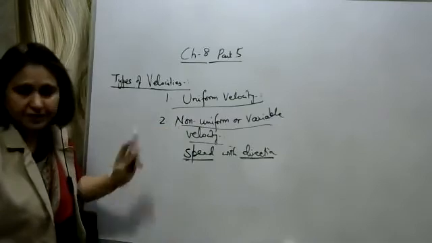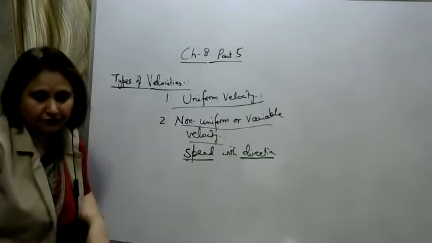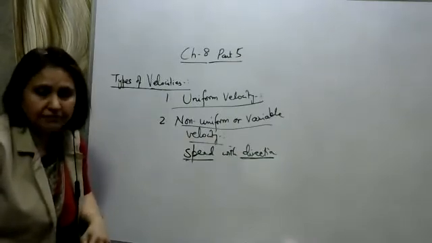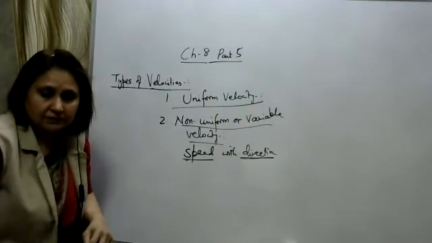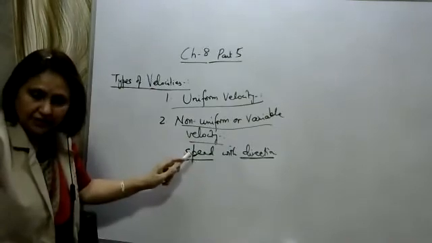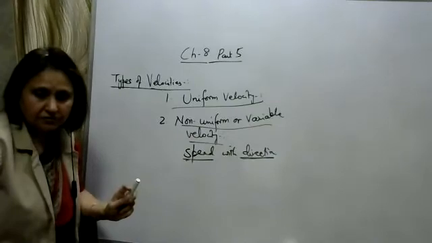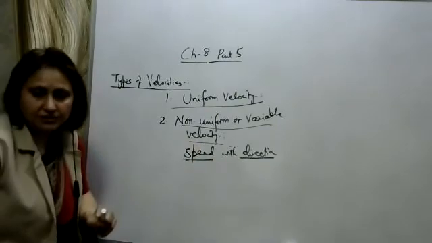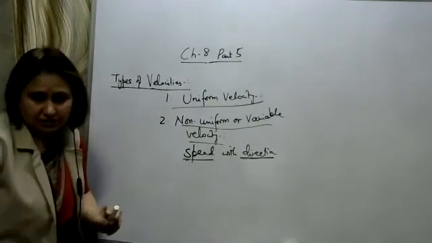Write down: an object is said to have non-uniform velocity when either its speed is changing or direction is changing, or maybe both are changing.